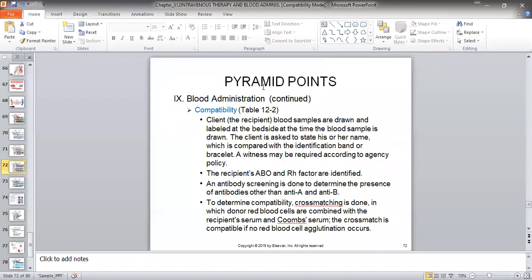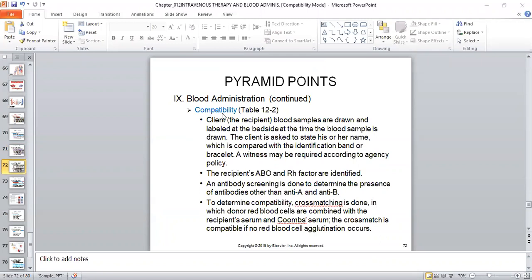So what else? Compatibilities. The client's blood sample is labeled at the bedside at the time the blood sample is drawn. The client is asked to state his or her name, which is compared with the identification band or bracelet. So you always check to identify the patient. How do we identify?